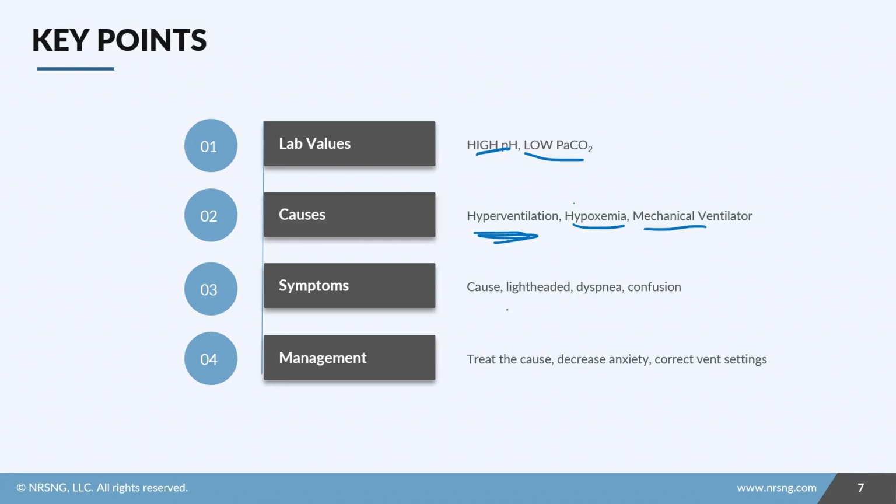You're going to see the symptoms of the cause, the symptoms of the alkalosis, including lightheadedness, shortness of breath, or confusion. And it's also possible that you might see some hypokalemia because of the alkalosis, but it's much less common with respiratory alkalosis. And then, of course, we're going to make sure that we treat the cause, decrease their anxiety, get that respiratory rate down, and correct any vent settings that are inappropriate.